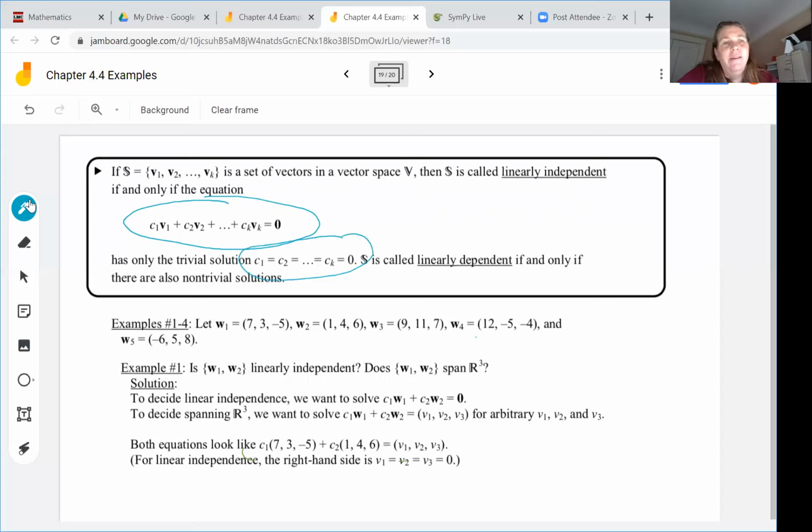Our set S is called linearly dependent if and only if there are also non-trivial solutions.